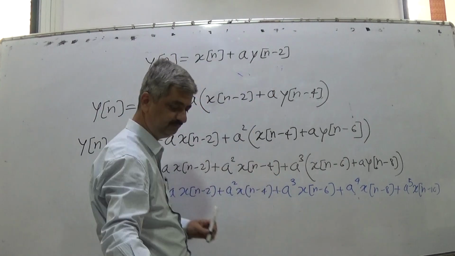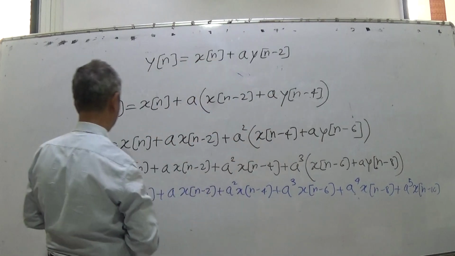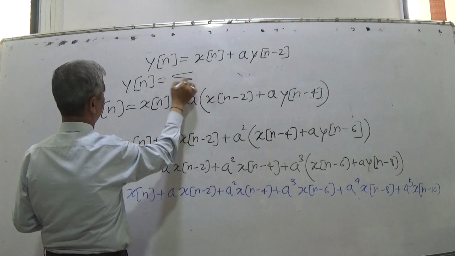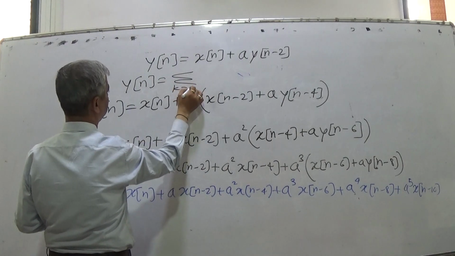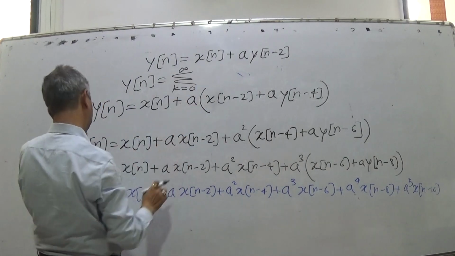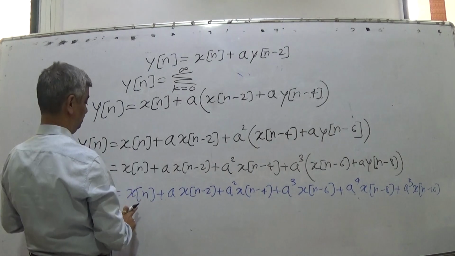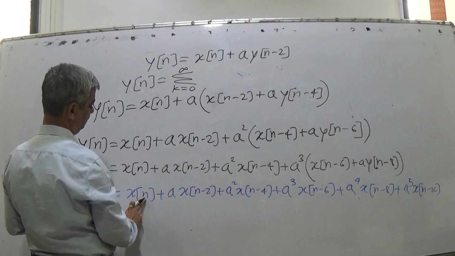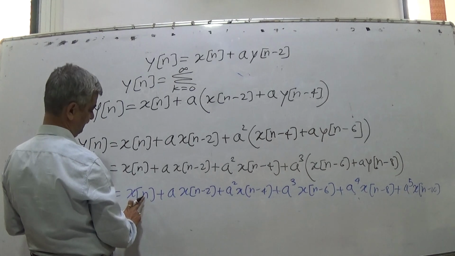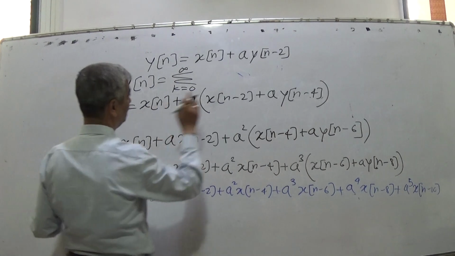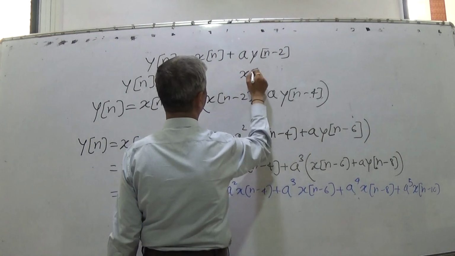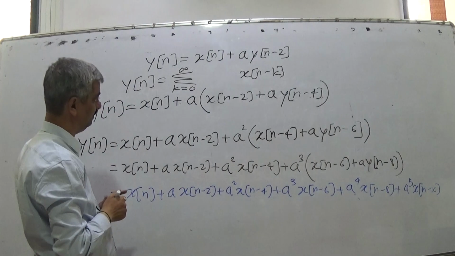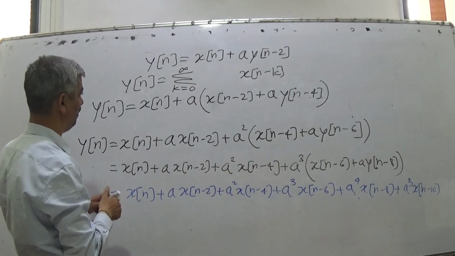yn is the summation of k equal to 0 to infinity. This is 1 for n equal to 0, that is, the current sample has coefficient 1. So when I have x of n minus k here, when k is 0, this is 1.